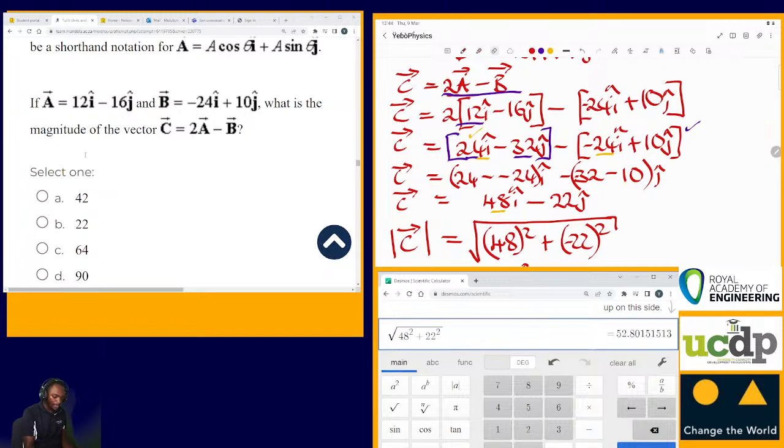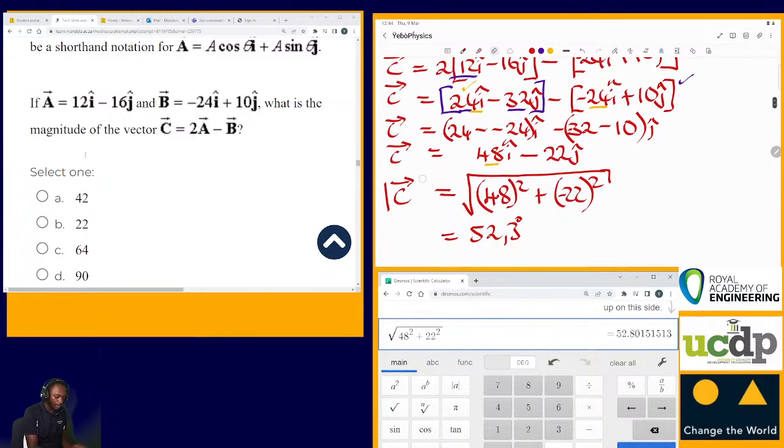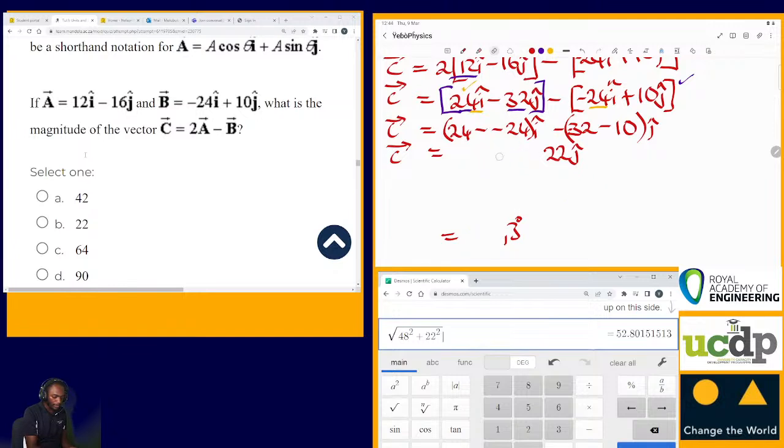So I see where the error was. I didn't do the maths correctly there. I left out the negative 32. Let's just make it clear here.